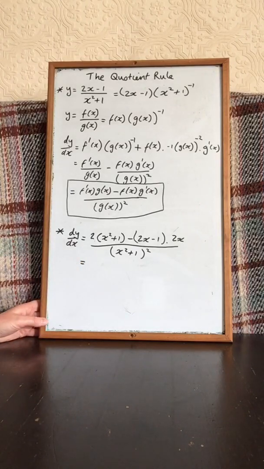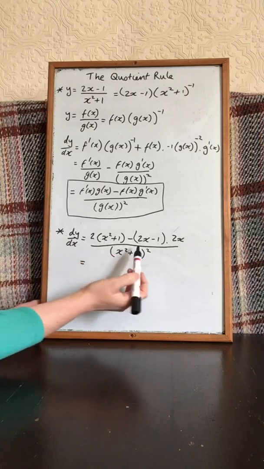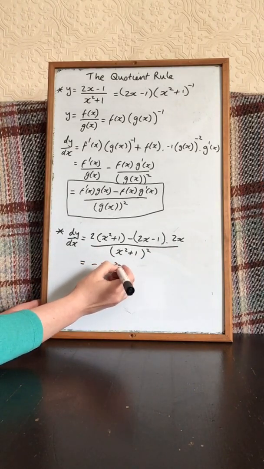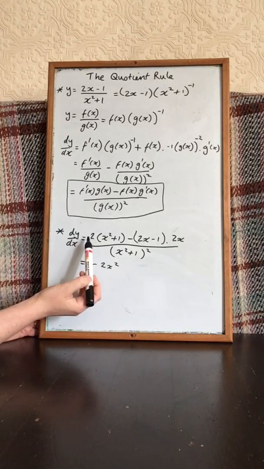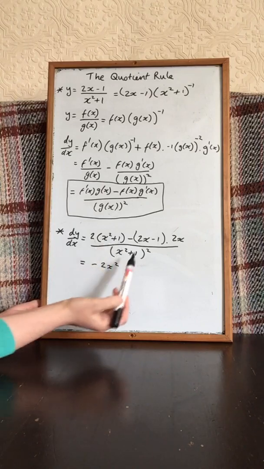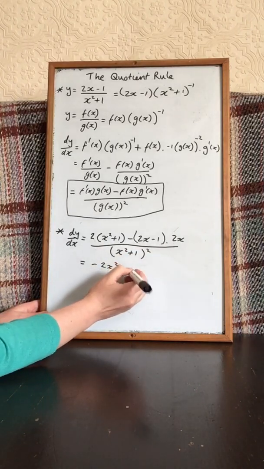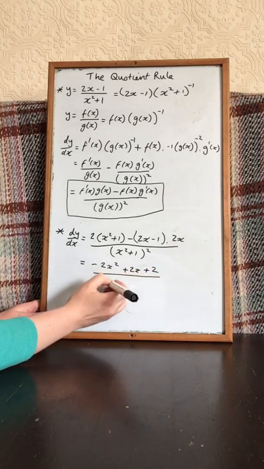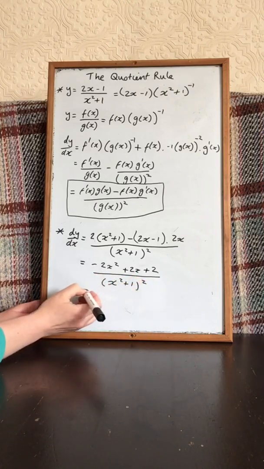Tidy up the numerator, so we've got 2x squared there, minus 4x squared there is negative 2x squared. We've got negative 2 there, and we've got plus 2x there, so plus 2x plus 2 over x squared plus 1 all squared.